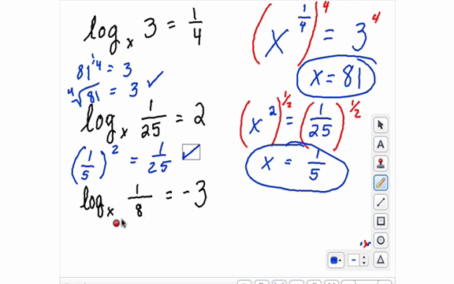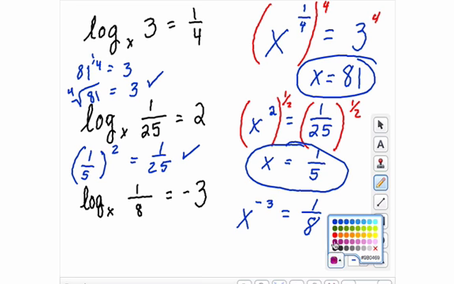Now here we have a negative value for our exponent. So let's again convert it from log form to exponent form. So x to the negative third power equals 1/8. Now we're going to do the same process we've been doing. How do we get rid of the negative third exponent?